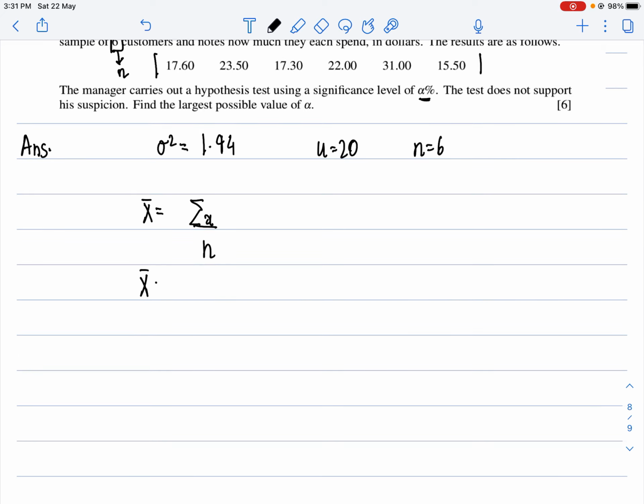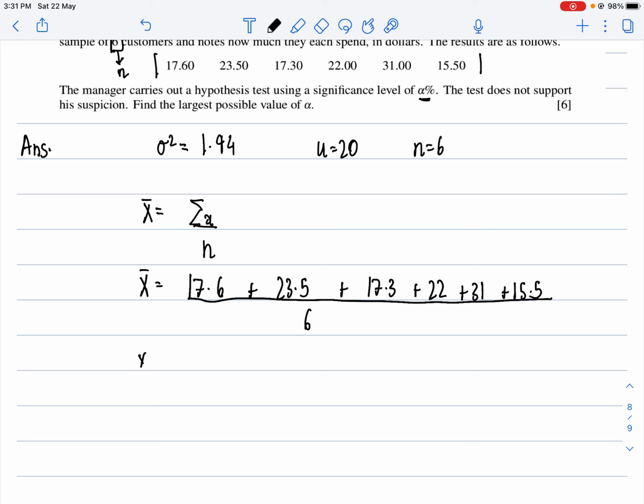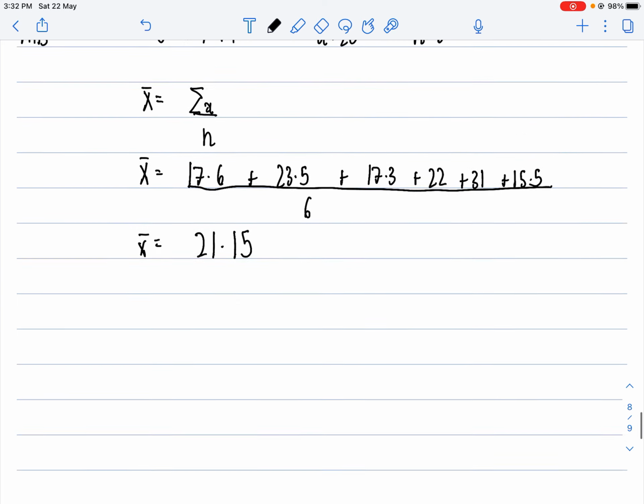So this is 17.6 plus 23.5 plus 17.3 plus 22 plus 31 plus 15.5, over 6. I can simply calculate this on the calculator, which gives me my answer as 21.15. So I know my test value now.